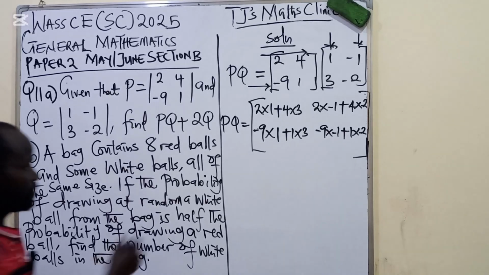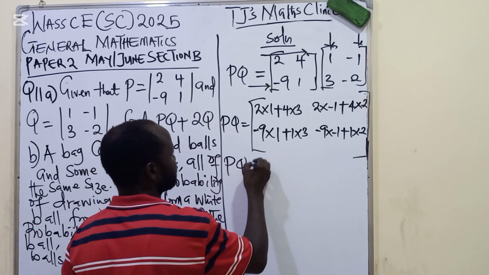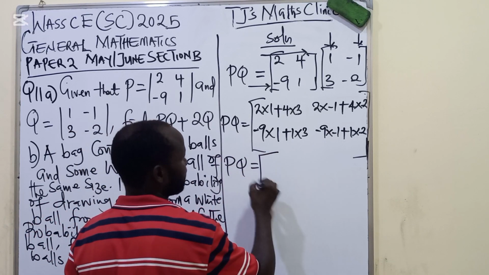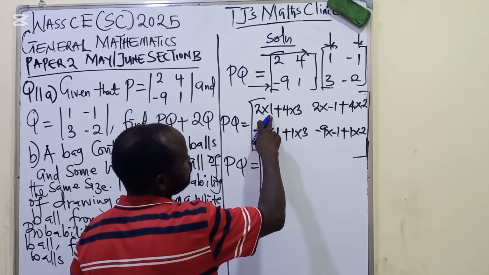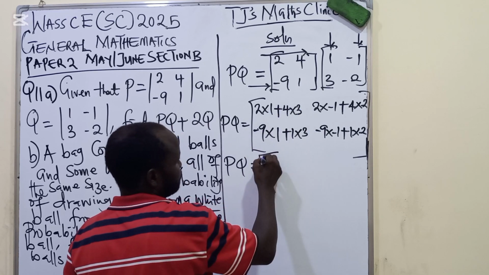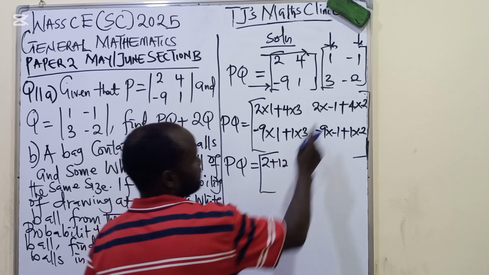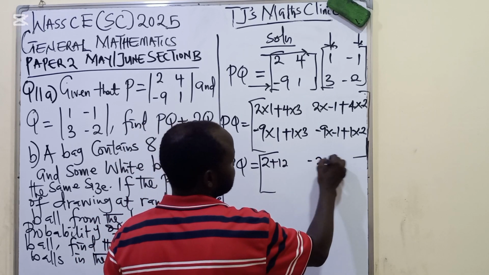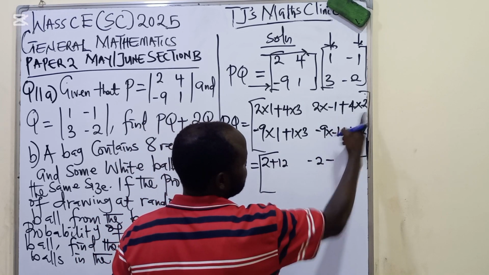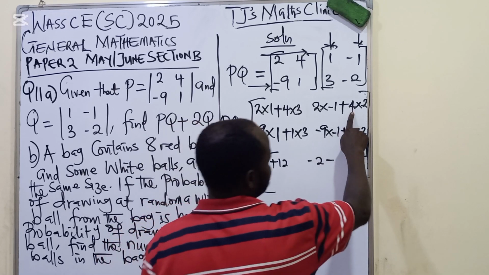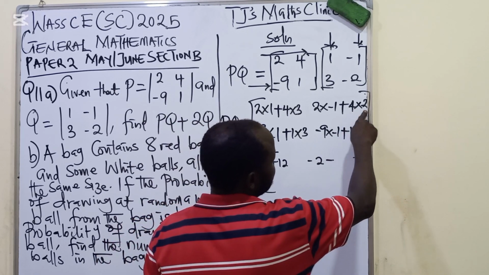Very important. So PQ now will be, we have our 2 times 1, 2, plus 4 times 3, that's 12. Then this will be minus 2 plus minus 8, because this is 4 times minus 2.